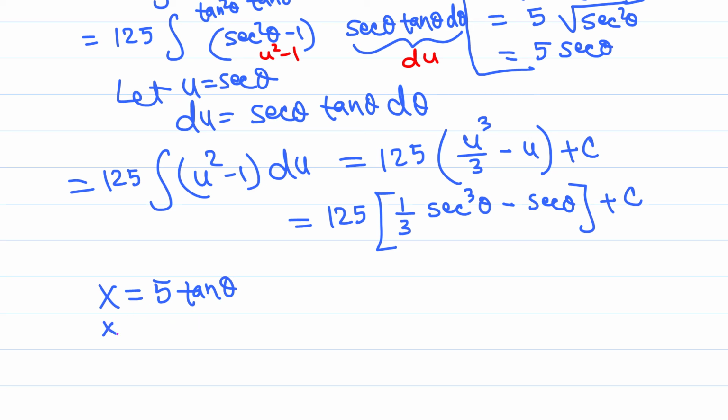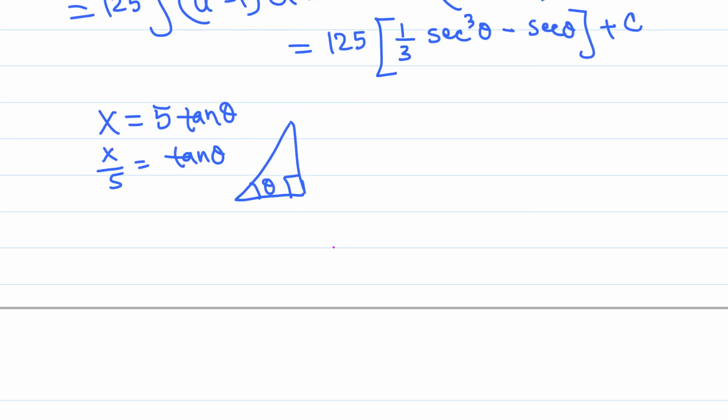Divide by 5. So x over 5 equals tangent theta. That means the right triangle is, tangent is opposite over adjacent. We know that tangent theta is x over 5, so opposite over adjacent, x over 5.